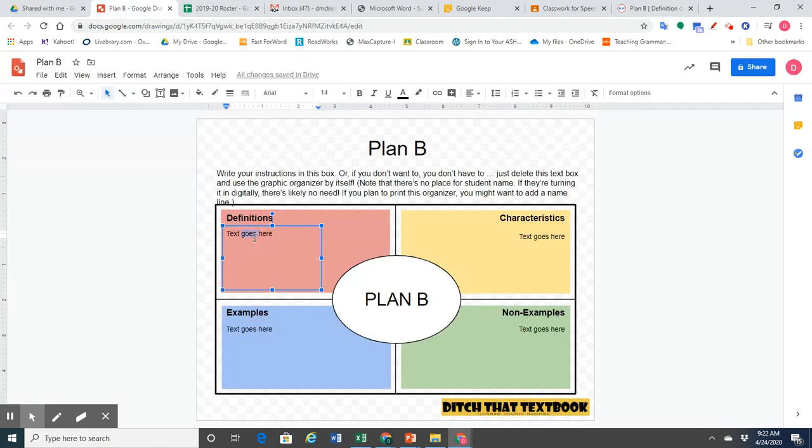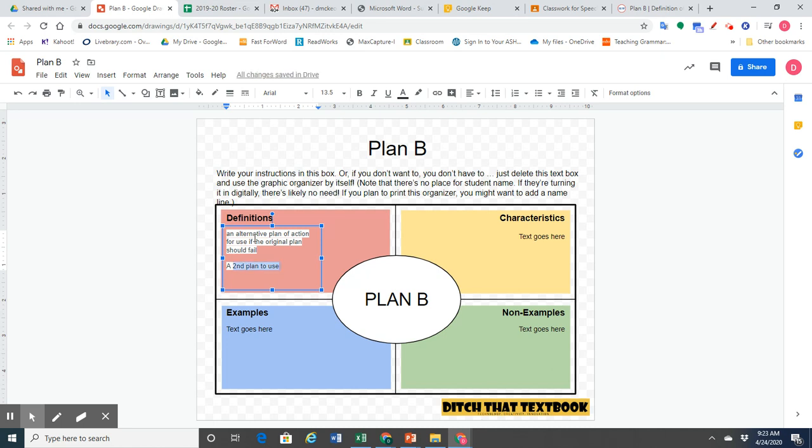But then I'm also going to put it in my own words because it might be hard to understand. And also, if I can put it in my own words, then that shows that I understand it. So in my own words, I would say a second plan, oops, I'm not going to be in caps anymore, a second plan to use.